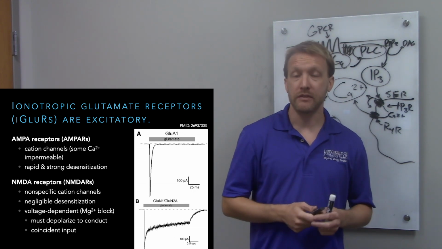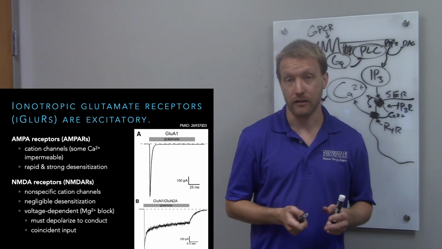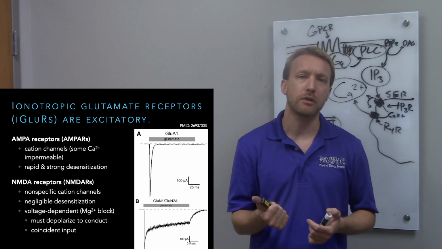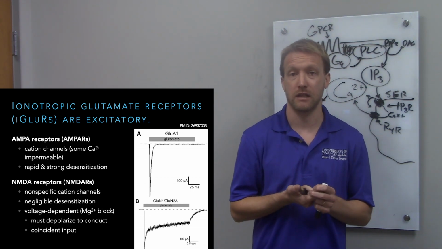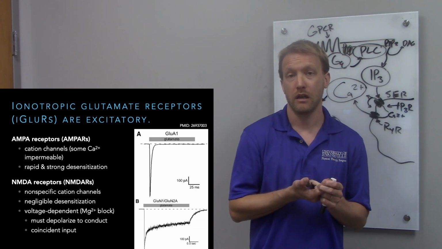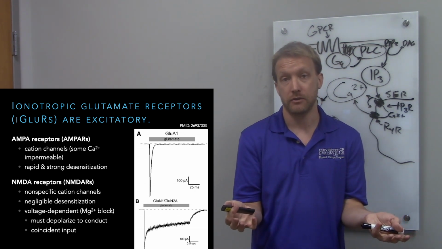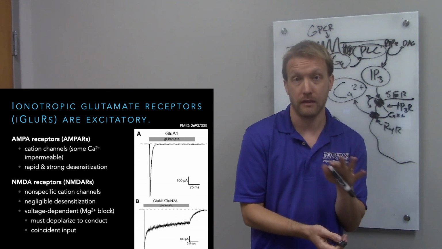Both of them are nonspecific cation channels. Now, some AMPA receptors exclude calcium. So NMDA receptors are a little more calcium permeable, and they basically don't desensitize on the time scale that synapses work at. So you get a large burst of calcium from NMDA receptors. From AMPA receptors, you get very brief depolarization. That's it.